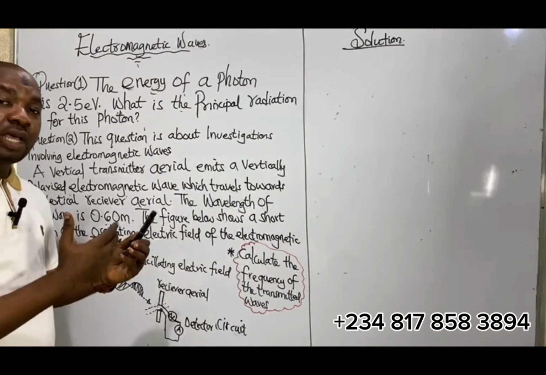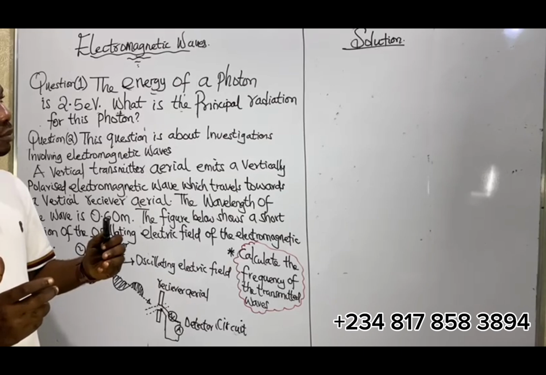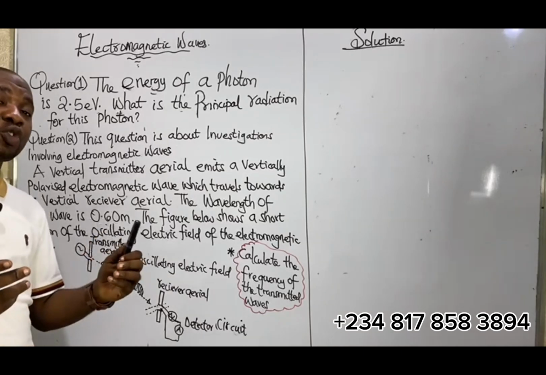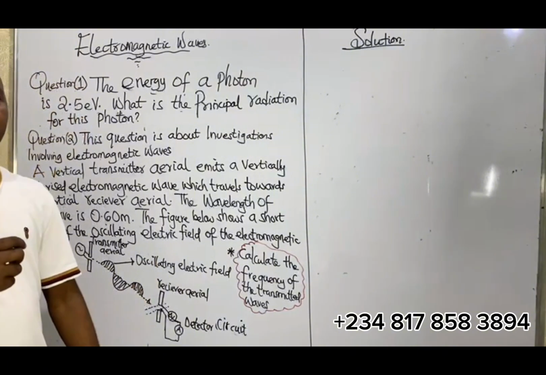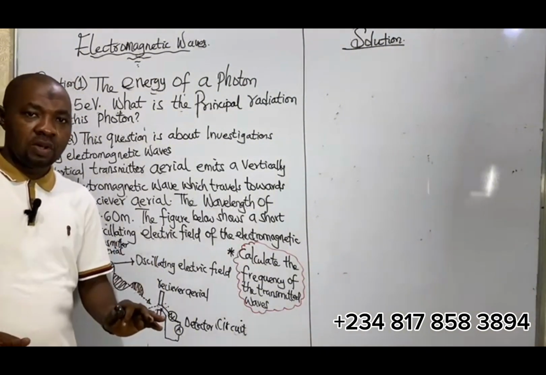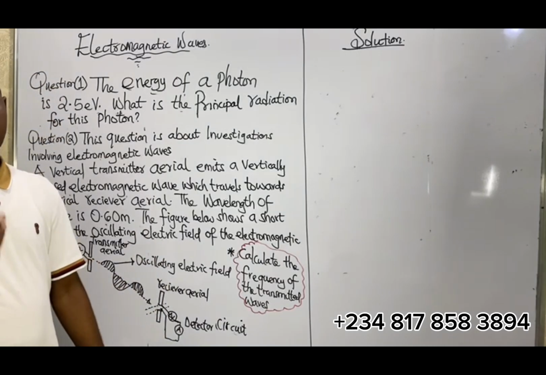A photon has zero rest mass, but it has momentum and energy.